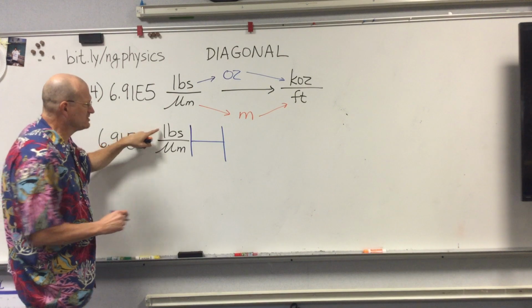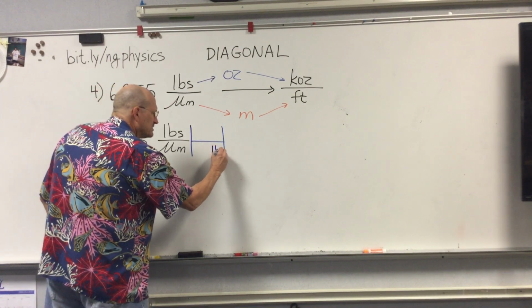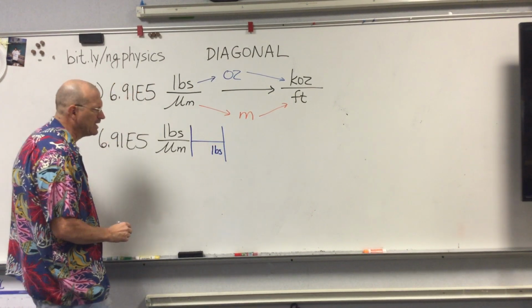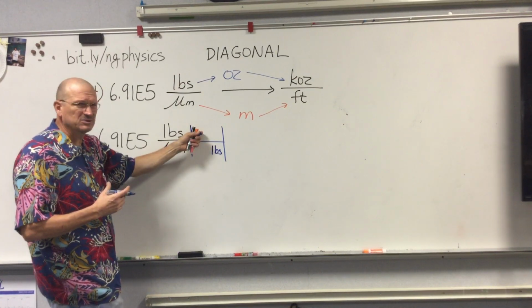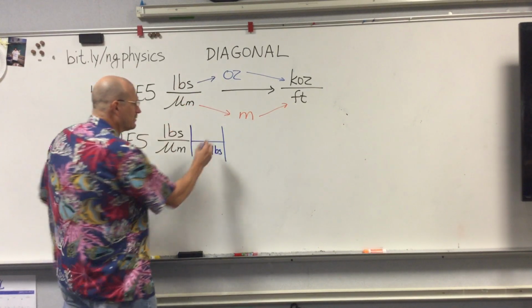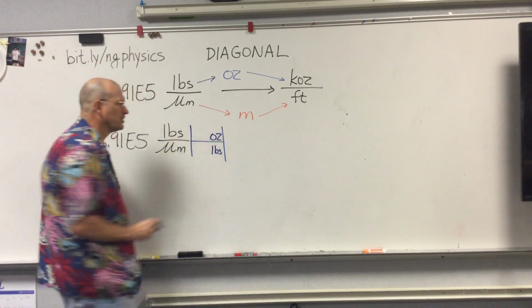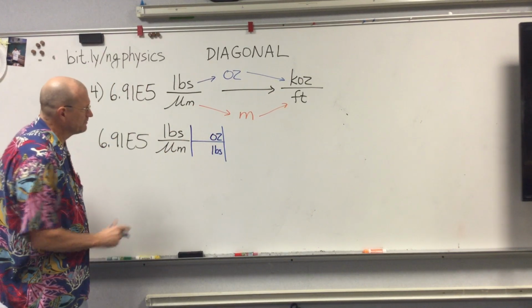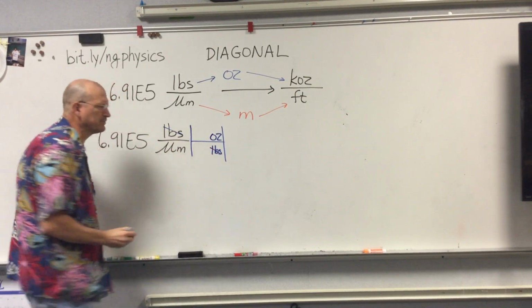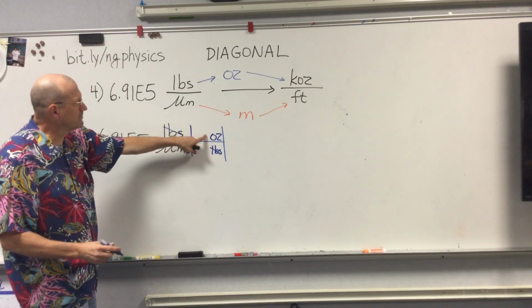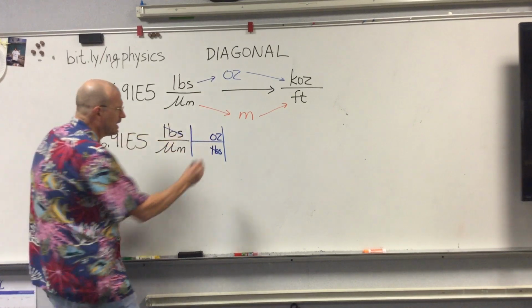So I need to cancel the pounds, so that means the pounds would go down here, and I can put whatever unit I can convert pounds to up here, but in this case I want to go to ounces, so that's what I would place there. So my pounds are diagonal from each other, so they would cancel, and right now I am at ounces.